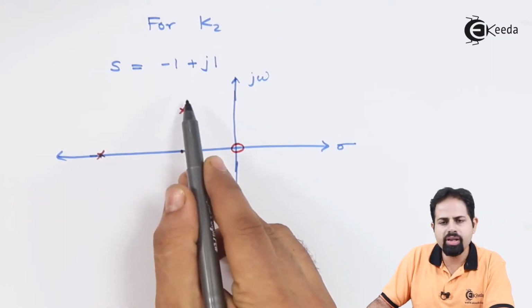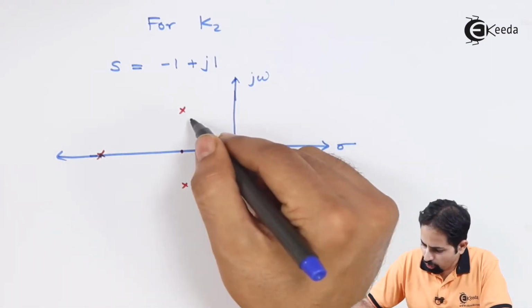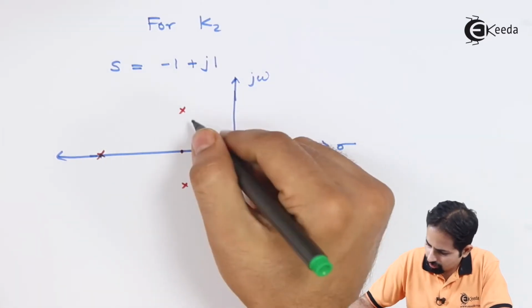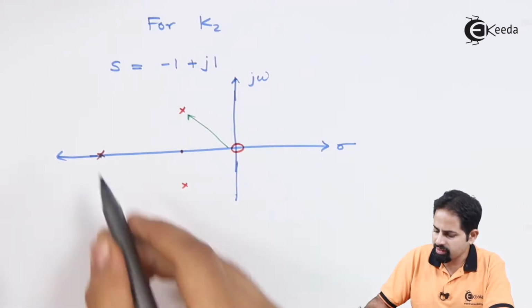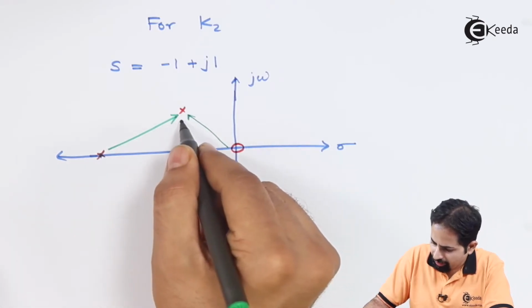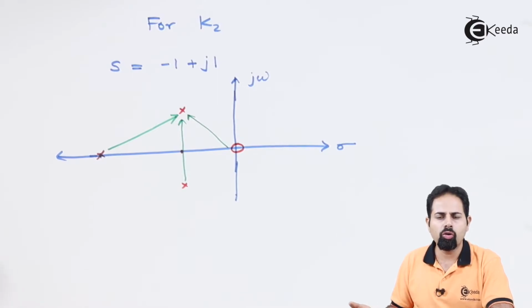So when this pole is in question, we'll have to draw one vector from this zero like this, and two more vectors. One will be from this pole and one will be directly from this pole. Now we should know the coordinates, of course.